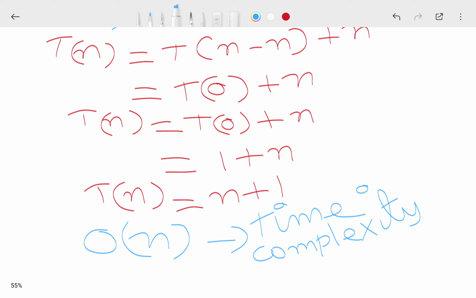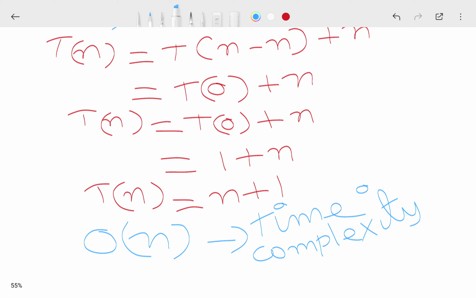So first, we need to find the recurrence relation for that recursive function, and by using that recurrence relation, you can use either the tree method or the substitution method to calculate the actual time complexity of this function.